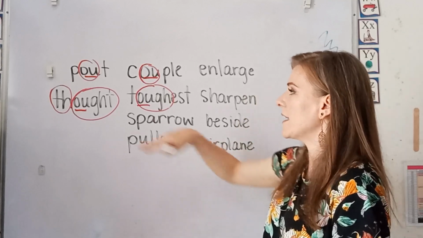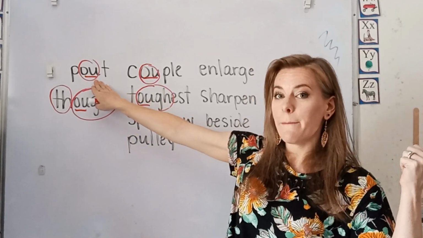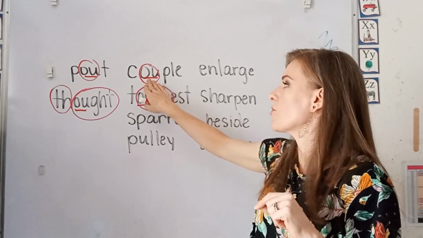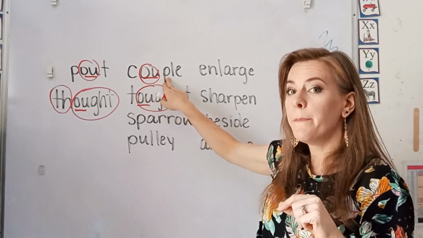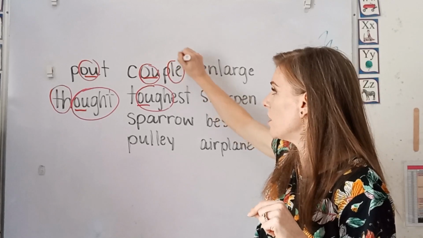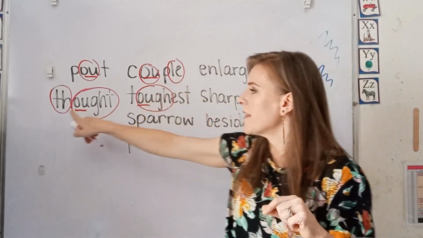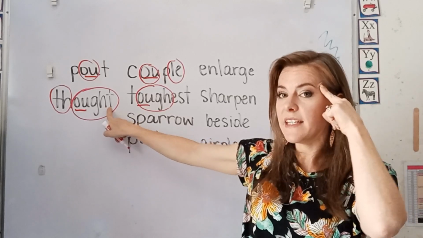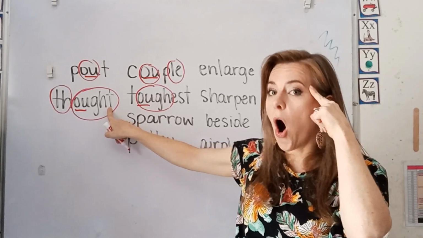The ou in country. So out, pout. This one is the ou in country, in little, couple. This one is the ought in thought. With the T, it says ought.